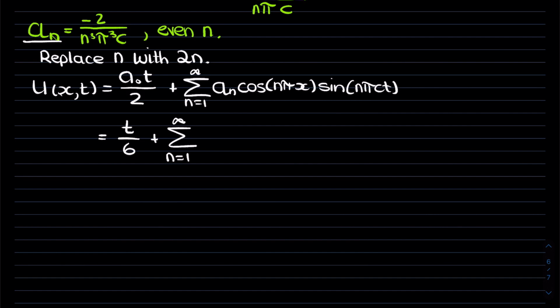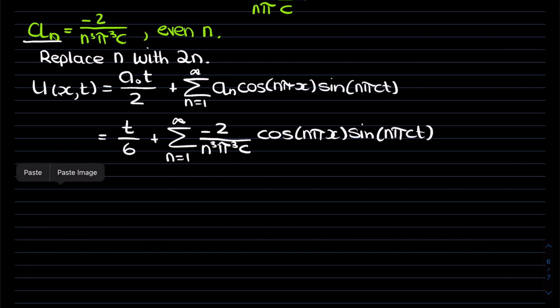I'll write it the first way first: minus 2 over n cubed pi cubed c times cosine n pi x times sine n pi c t. So that's the case where you would say for n even only.